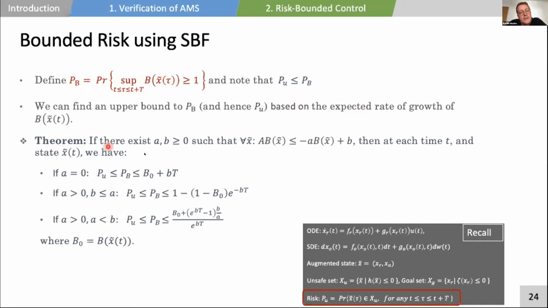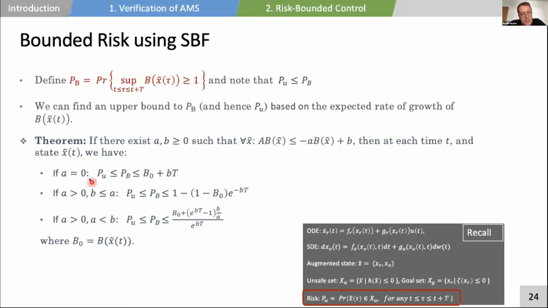And we can develop this theorem. If there exists an a, b greater than or equal to 0, such that for all x̃, the infinitesimal generator of B at x̃ is less than or equal to negative a B(x̃) plus b, then at each time t and at each state x̃(t), we have this conditional.